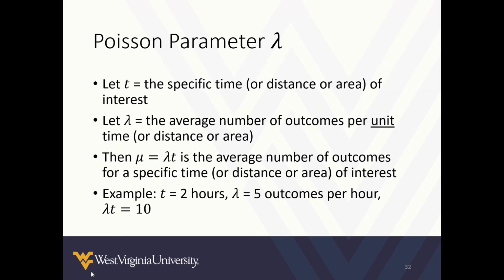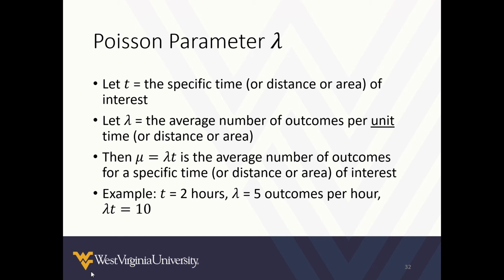Now, for the Poisson distribution, it introduces a new parameter, which is lambda. So we let t be some specific time, distance, or area of interest. Our lambda is the average number of outcomes per unit of time or distance or area.